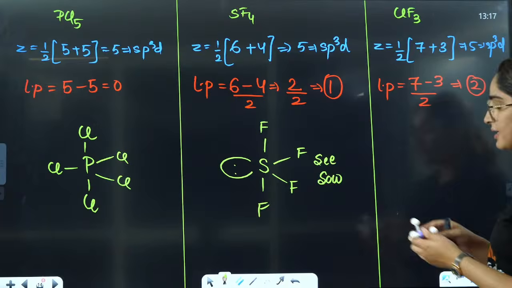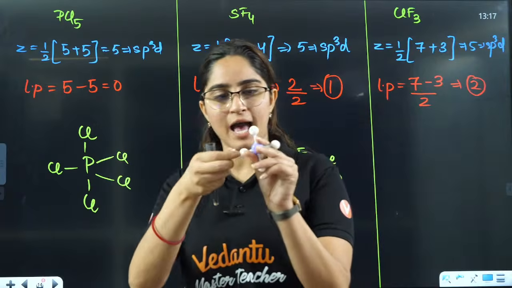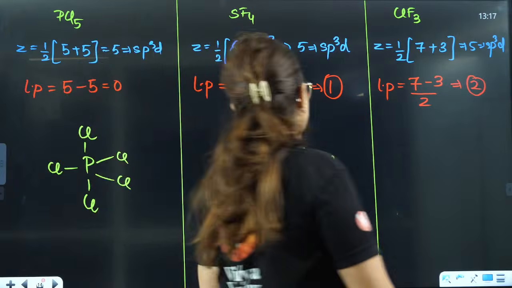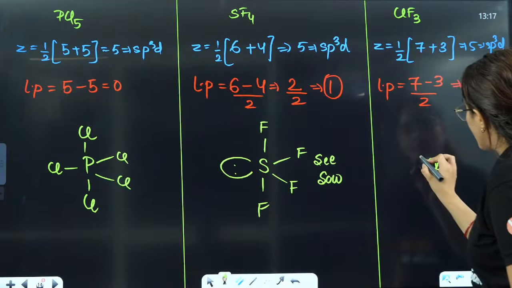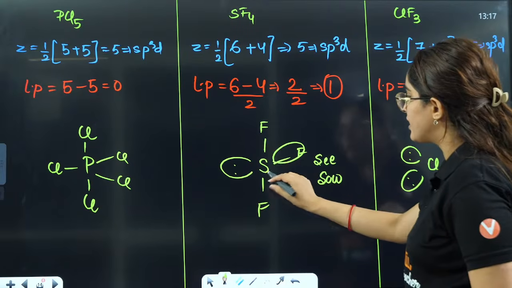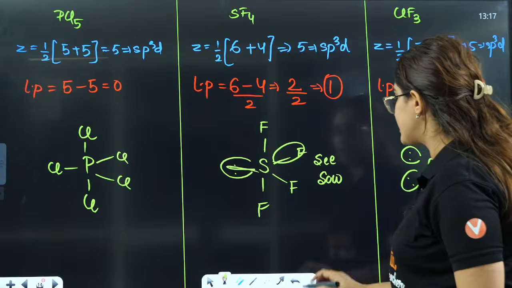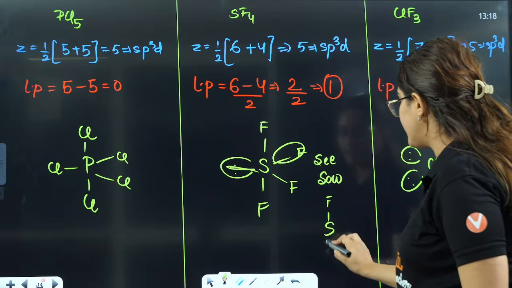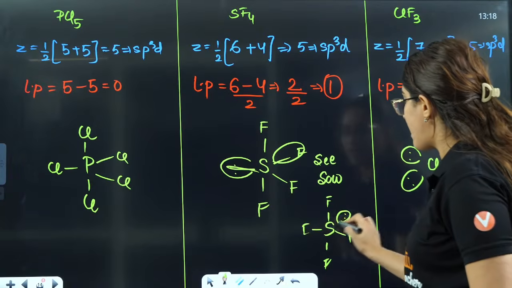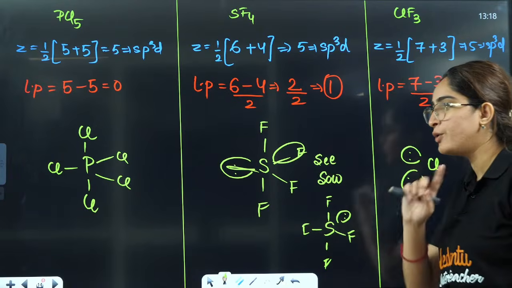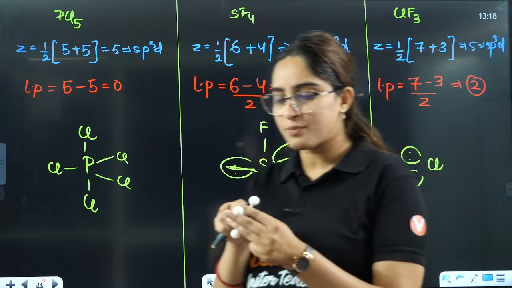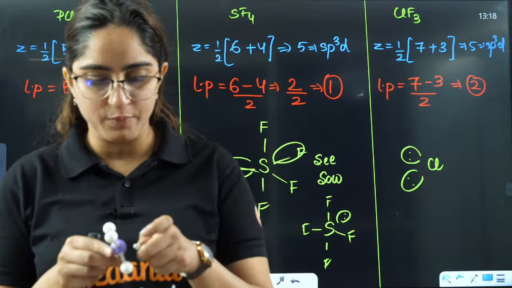What about this one? Here you will have two lone pairs. It is a T shape, as you can see, right? So here it will be written as two lone pairs here. Even if you put the lone pair here, it might look like this, right? So sometimes students say, ma'am, fluorine is here, lone pair is here, ma'am, this is a wrong structure. No, this is also a correct structure, because these three positions are equatorial positions, right?